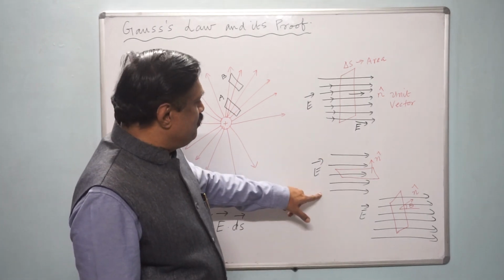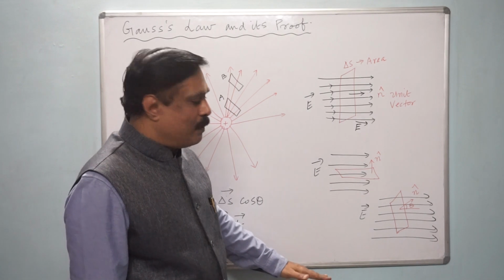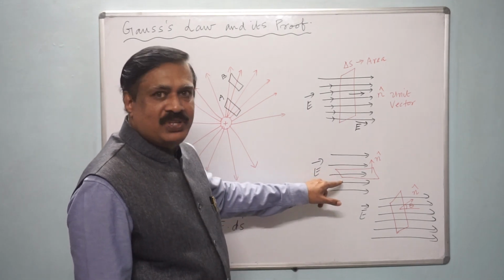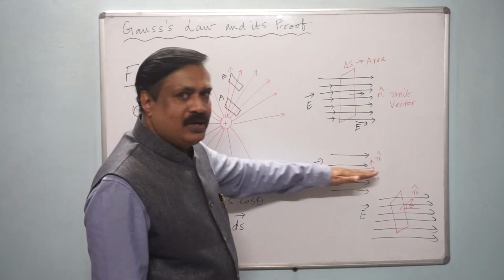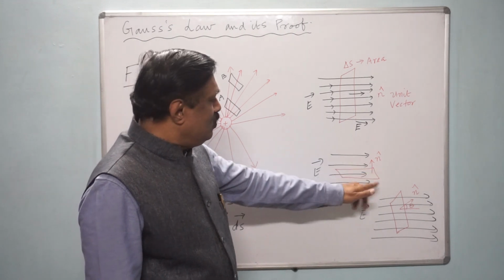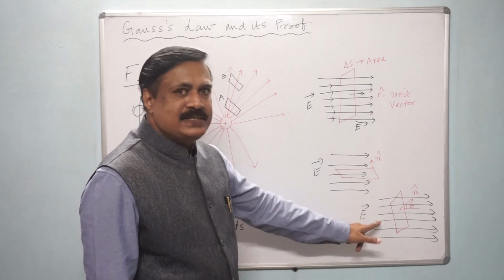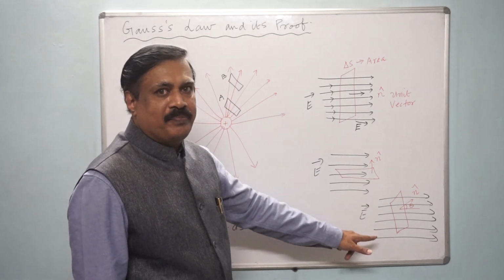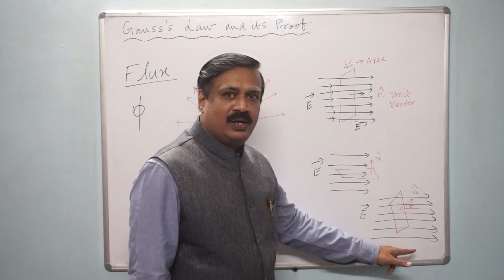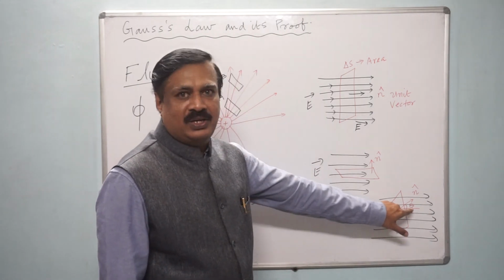Now see here, the electric field lines are the same, but our area element is parallel to this. Now you see the unit vector direction. Now see this, it is inclined at some angle, so we have to put some theta here.